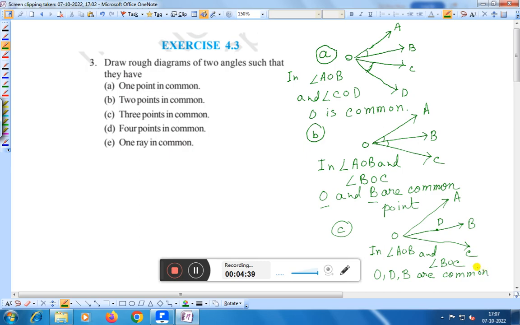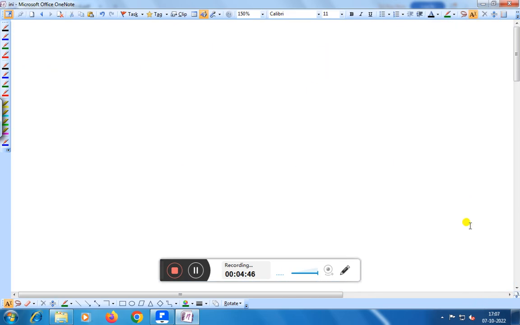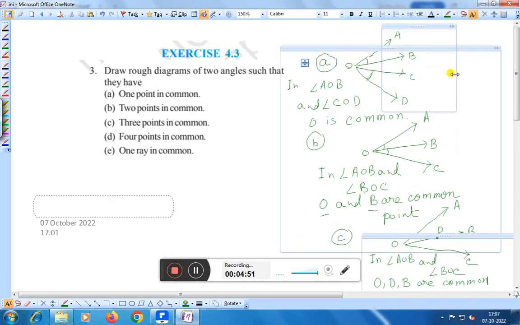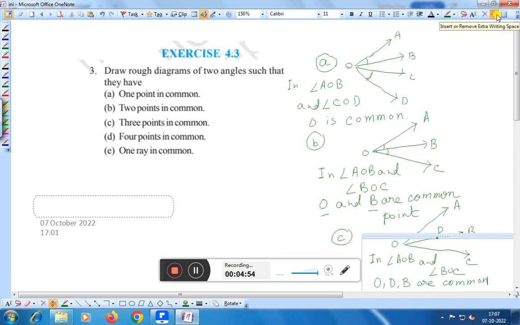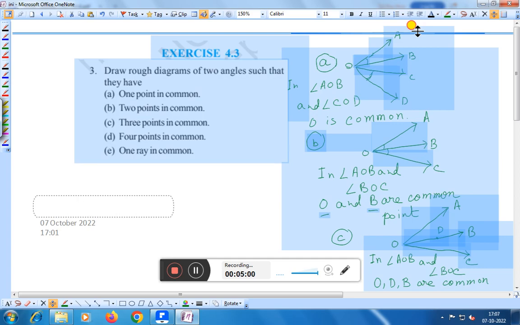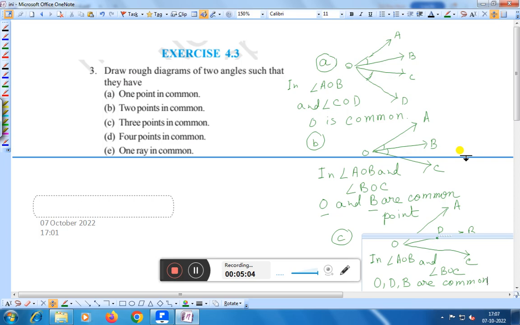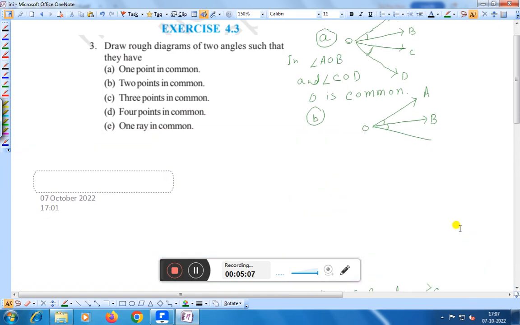Now, question number D, 4 points in common. In question number D, you will find 4 points in common.